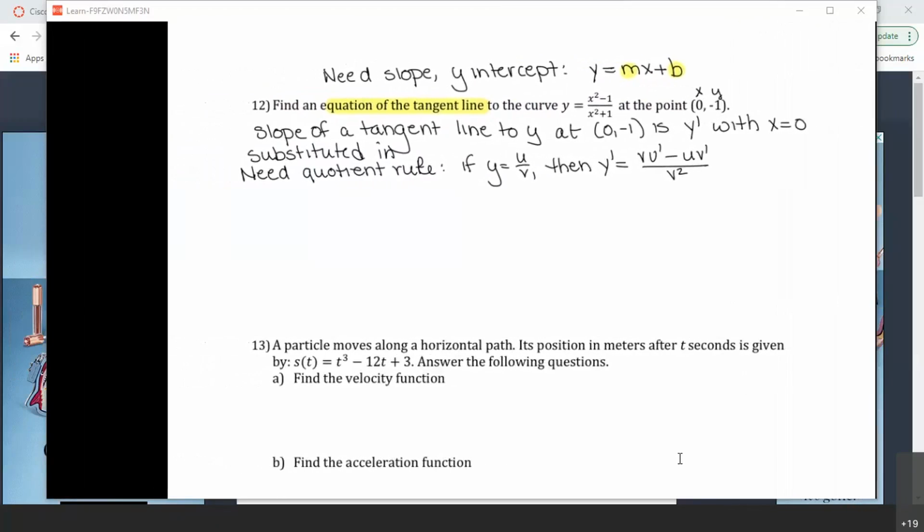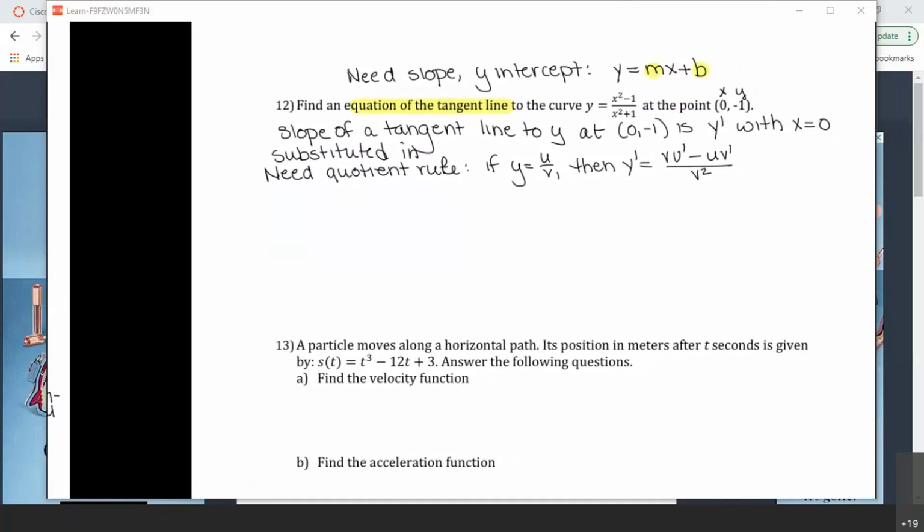And again, my quotient rule may look a little different from yours, but it's the same idea. It's bottom function times derivative of top minus top times derivative of bottom all over the bottom function squared. It doesn't matter if you call them f's and g's or u's and v's. Just make sure the pattern is correct.